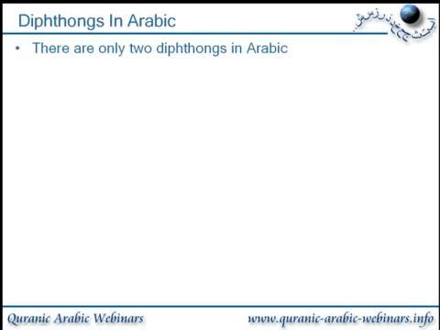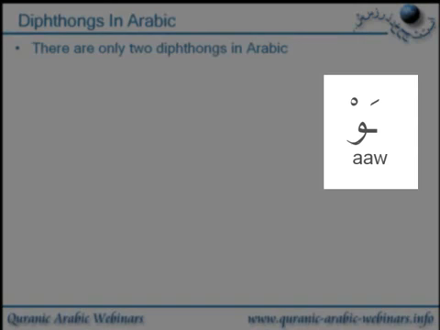So in Arabic there are two ways to form these sort of gliding sounds that go into each other. The first one is whenever you have a letter with a fatha followed by a waw with sukoon. So again, this sukoon, the round circle, this is a computer font version.